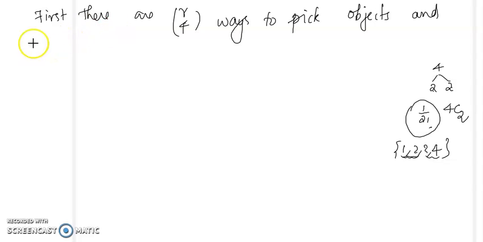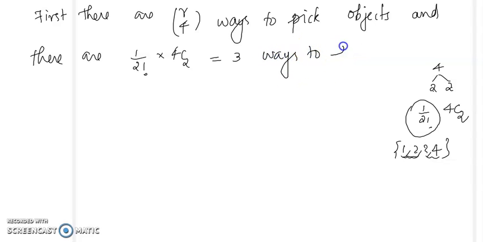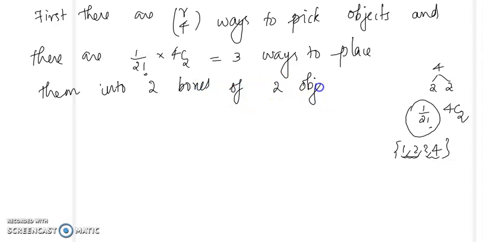So there are 1 by 2 factorial into 4C2, which is equal to 3 ways to place them into 2 boxes of 2 objects each.